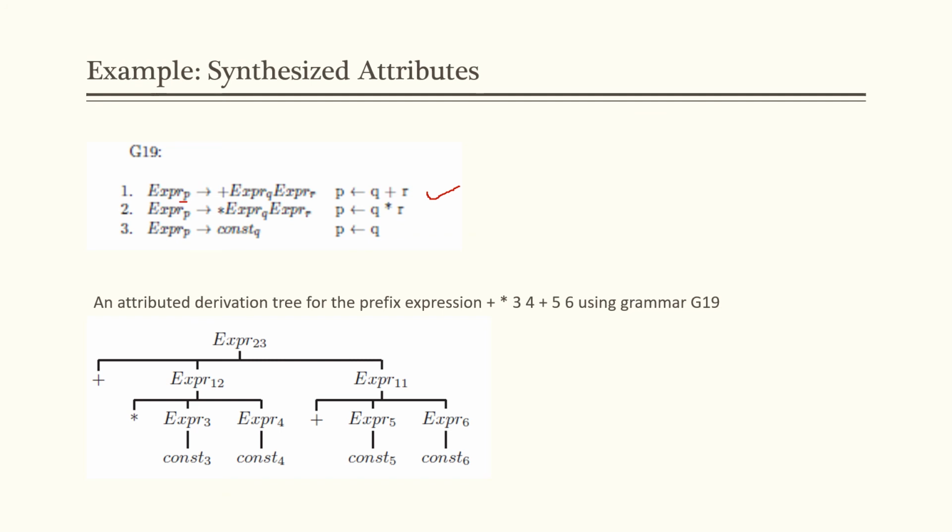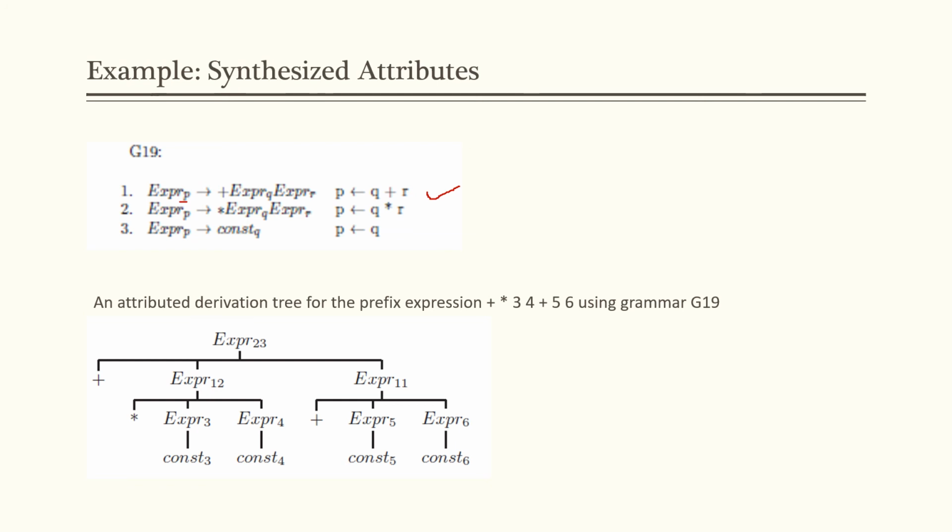So what is a synthesized attribute? Synthesized attributes mean that when we create a derivation tree, we normally include the value inside our derivation tree. For this example, if you have a prefix expression plus multiply 3, 4 plus 5, 6, we will insert these values inside the derivation tree.